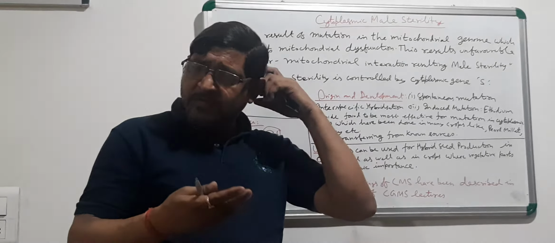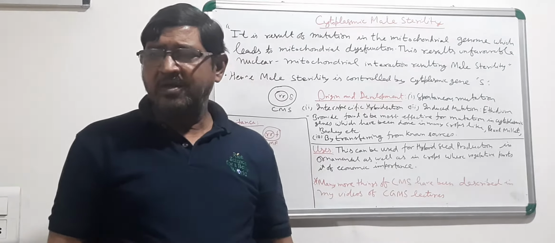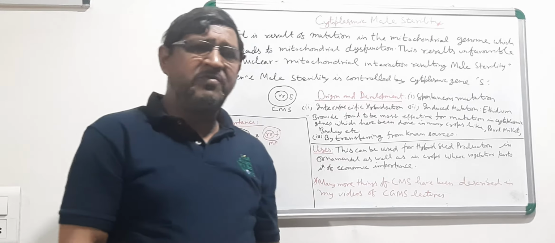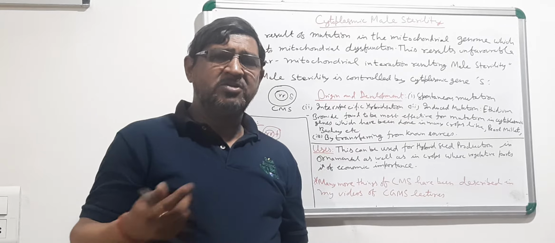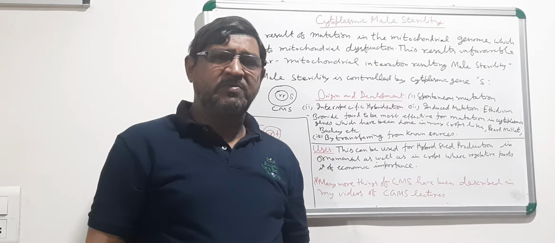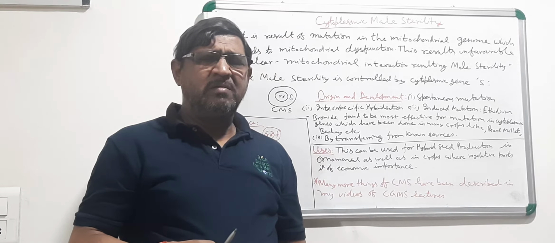If I get time later, I will deal with CHAs also. But here I tell you, in India we are not using CHAs for creating male sterility for hybrid seed production, because the majority of CHAs are hazardous to health and the environment.